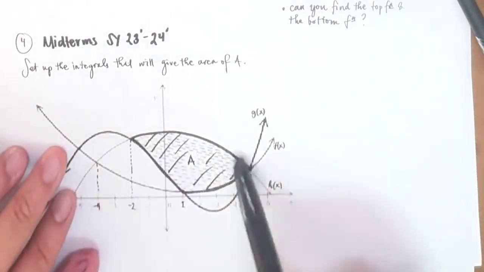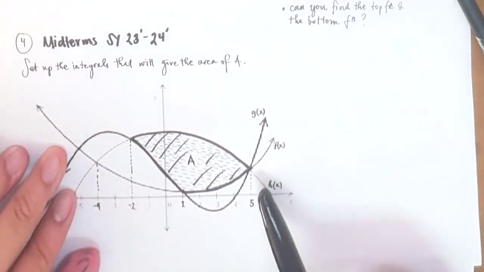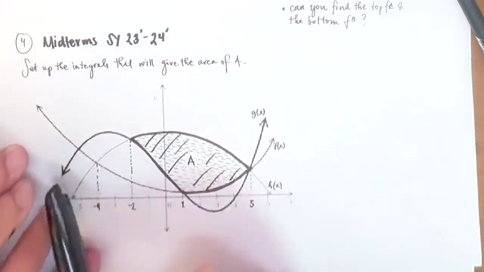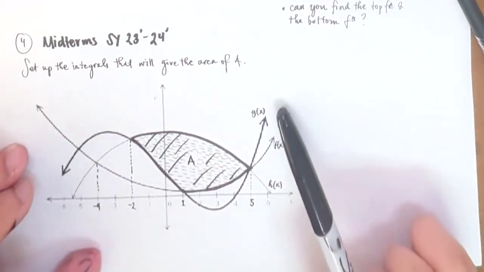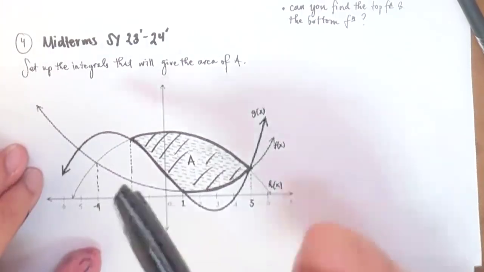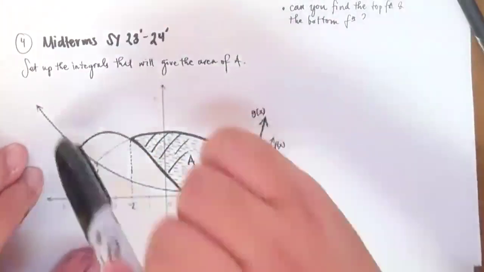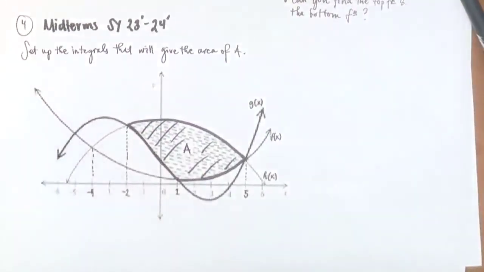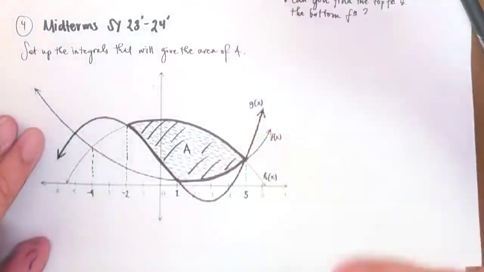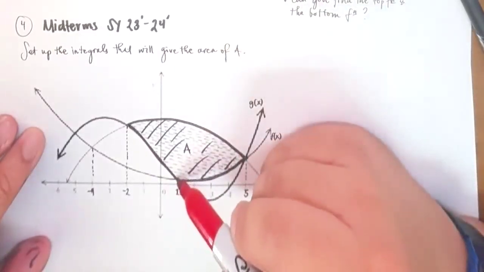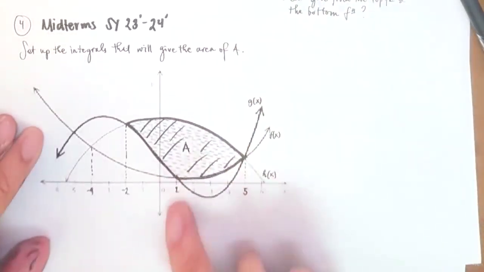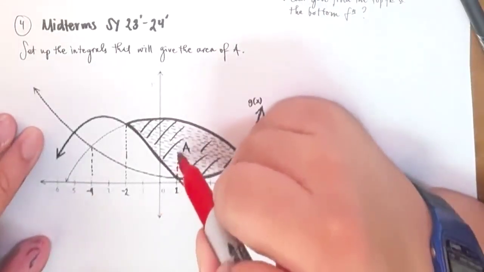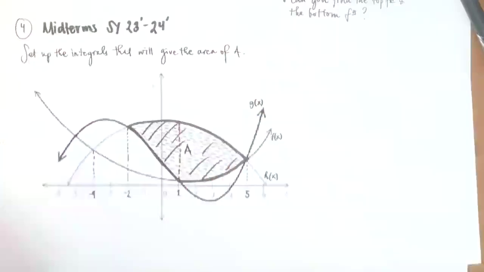So h is always on top, but there are cases where g is below, and there are also cases where f is below, right? So let's just figure out where it changes. So what we can do is notice that at this point right here, at x equals 1, right?